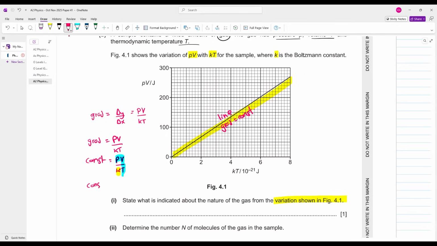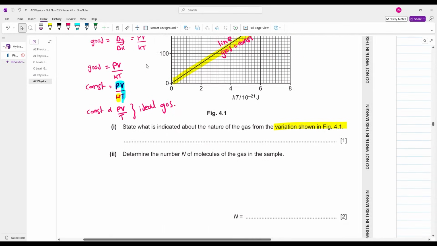You have an ideal gas. So you can say, state what is indicated by the nature of the gas. The gas is an ideal gas. Simple.